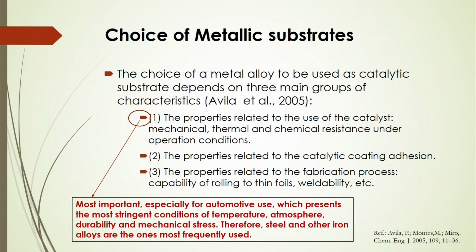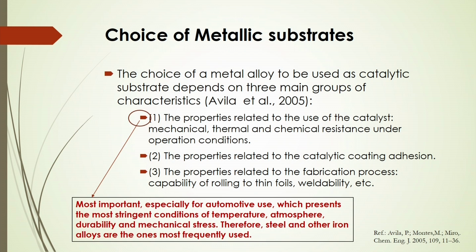So, that should also be kept in mind whenever you are going to choose the metallic substrates for the procurement of metallic monolithic structure. The most important point here is the properties related to the use of the catalyst, because automotive use presents the most stringent conditions, whether it is mechanical, thermal or chemical resistance.